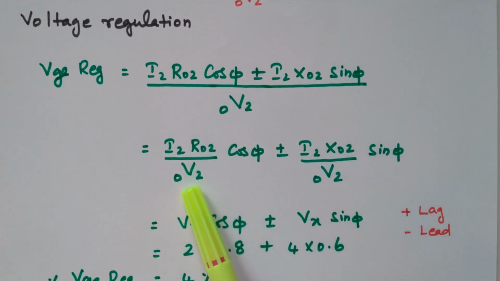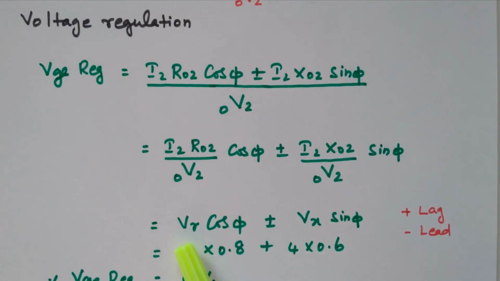I2 R02 divided by no load secondary voltage into cos phi, plus or minus I2 X02 divided by no load secondary voltage into sin phi. The first term is VR and the second is Vx, the reactance drop. The plus is for lagging power factor, minus for leading power factor. In this problem it is given as lagging, so we take the plus symbol.